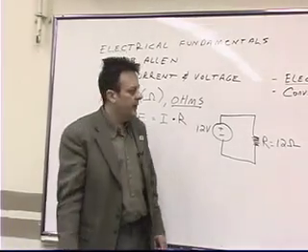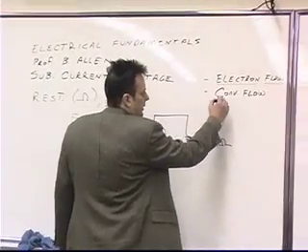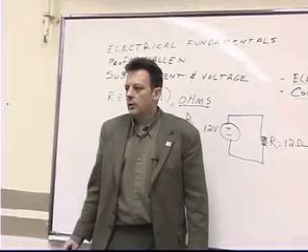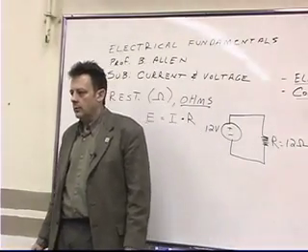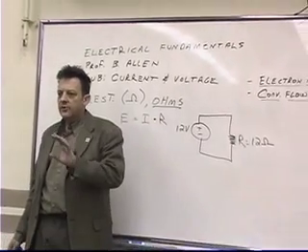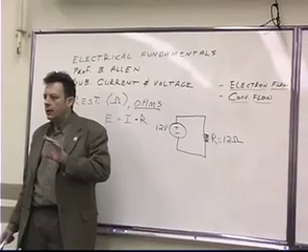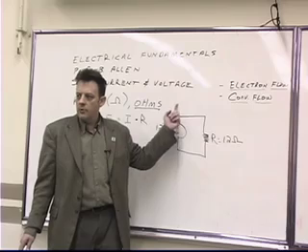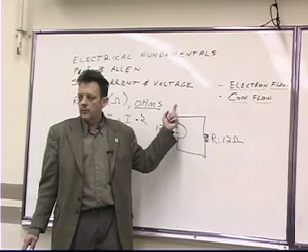The only reason that I mention this is because in some engineering schools they use conventional flow theory. It's wrong from the standpoint that the valence electrons are not moving this way. They're not moving out of the positive terminal.